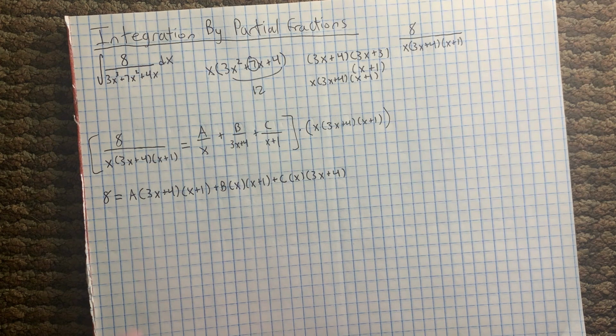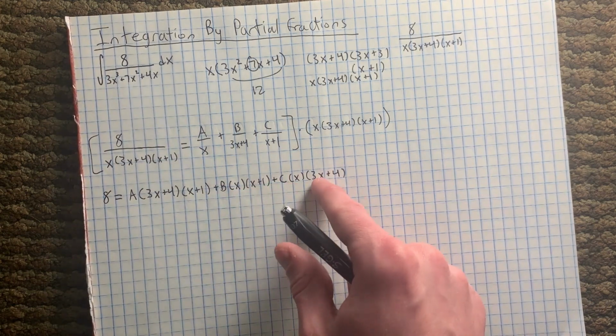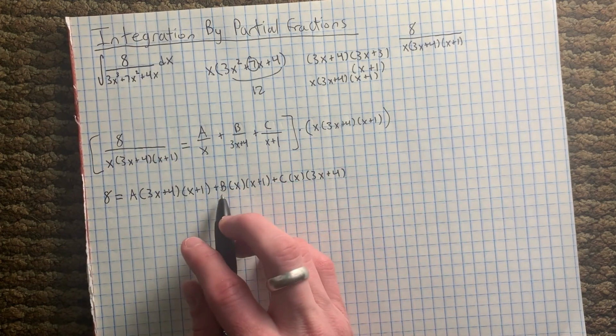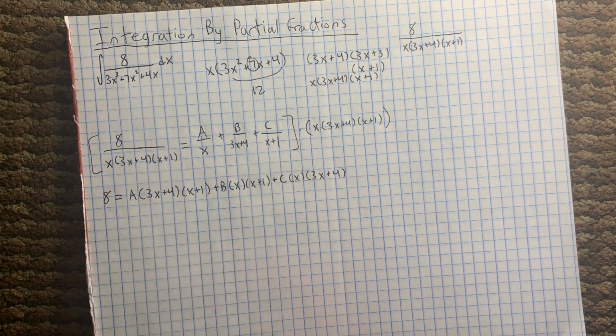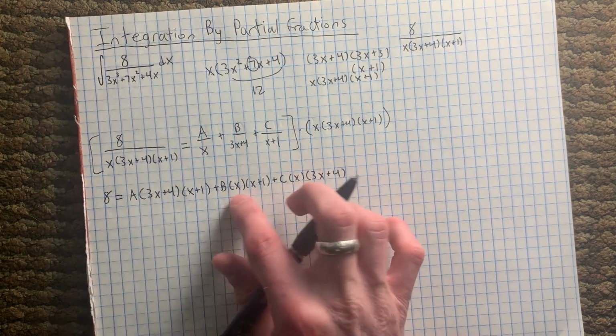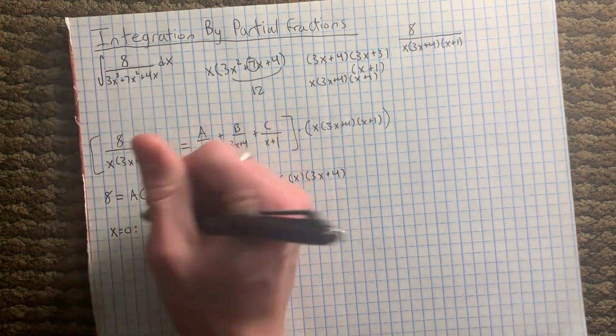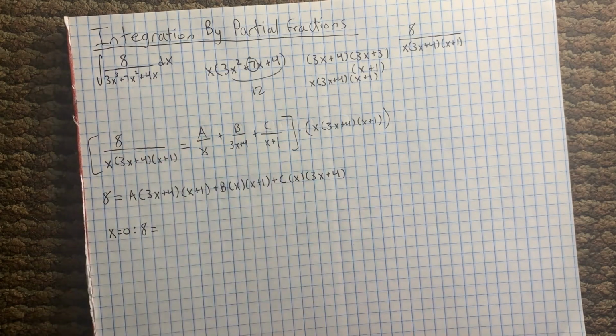To find our values of a, b, and c here, we want to find what values of x will make these parentheses go to 0, and as a result make these entire terms go to 0. To start, I'll choose x equals 0 because that's in these two. So when x equals 0, our left side is still 8 since we have no x's over there.